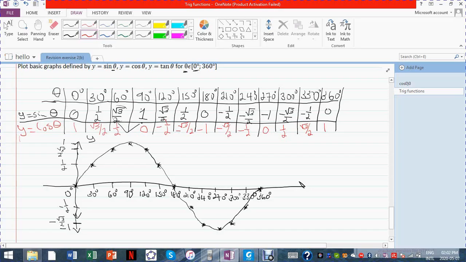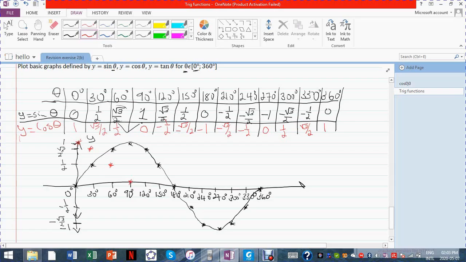So then now, what is the cos of 0? Cos of 0 is 1, which is the top there. Cos of 30 is root 3 over 2, which is here. Cos of 60 is a half. And then cos of 90 is 0.